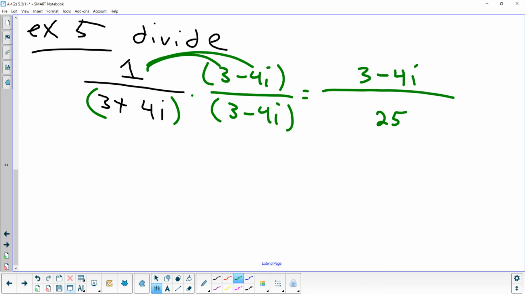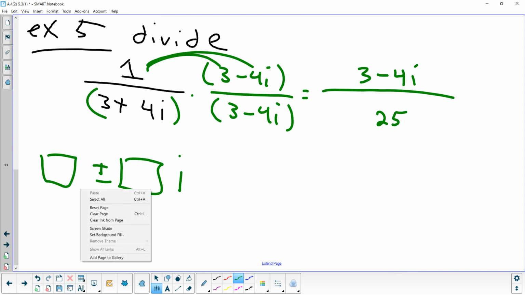Now, that is not standard form. Remember, I told you your answer should always look like this. So to make that look like this is how you do it. You take each number in the top and put them over the 25 separate.